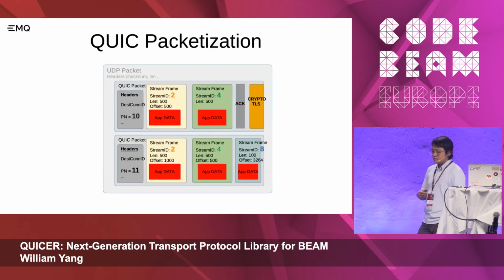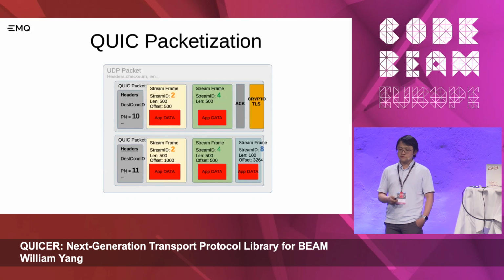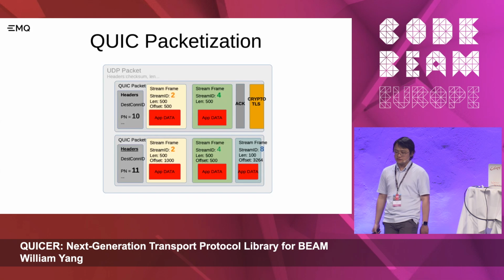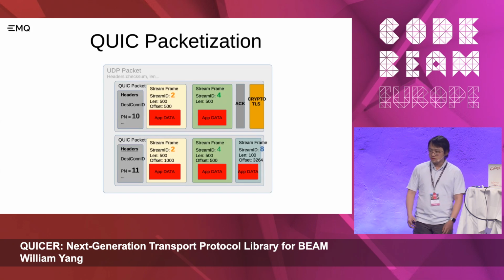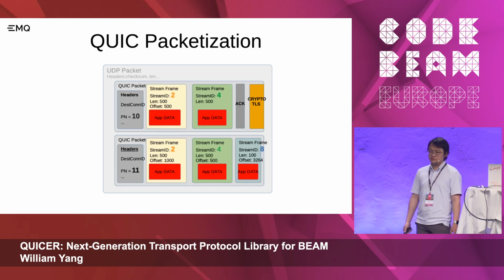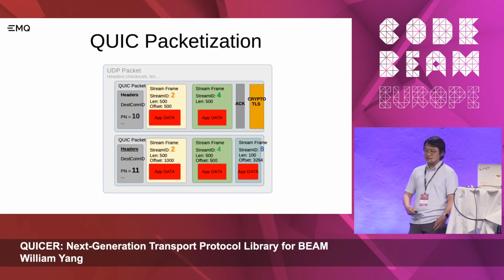Before I talk about how QUIC solves it, let me have a short conversation about how QUIC packages the data. The outer box is a UDP packet. It can have multiple QUIC packets. And in one QUIC packet, it has headers like the destination connection ID and the packet number.